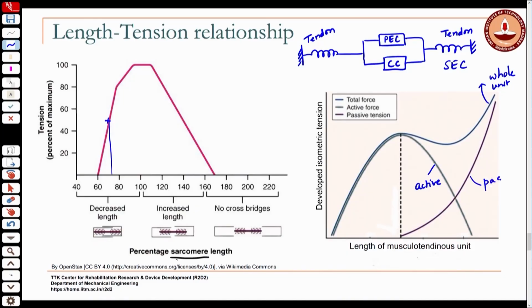The contribution from the initial stretch, because of the elastic nature of the connective tissue, gives a resistance, and that is your passive tension in the musculotendinous unit. That is why the two add up to give you the tension through the whole unit. Is that clear now? I think there was some confusion the other day, and I just wanted to clarify that.